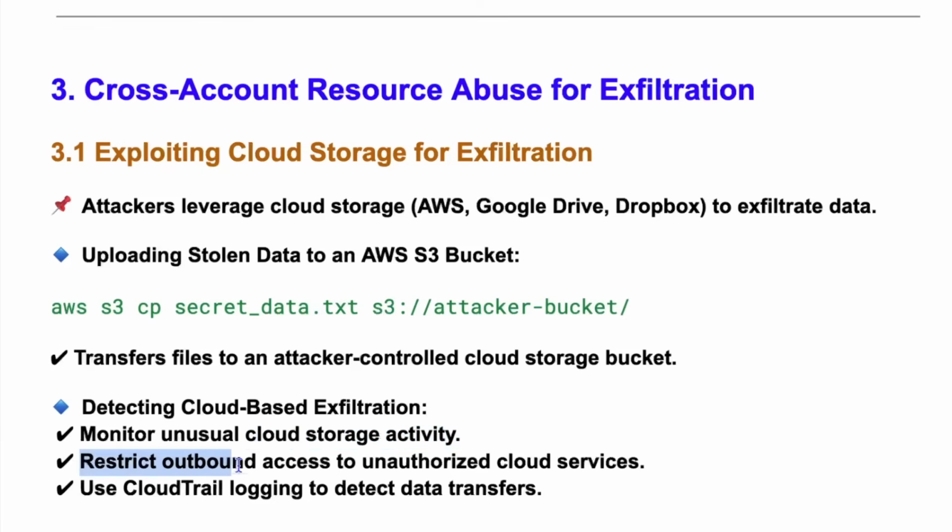Next, we have restricting outbound access to unauthorized cloud services, which again is another one of those things where, if you even do allow access to cloud services, then you want to restrict everything. For example, OneDrive is available in a Microsoft environment, and most companies that have Microsoft licenses will have everything that comes with that license: Outlook, Microsoft Teams, and OneDrive being just one of those things, right?